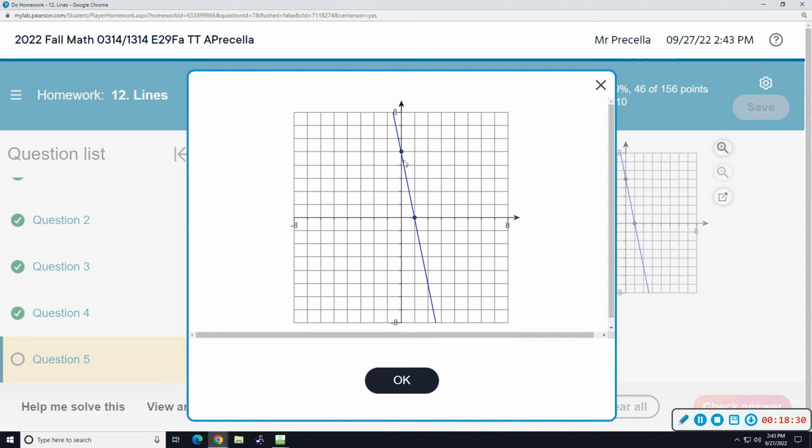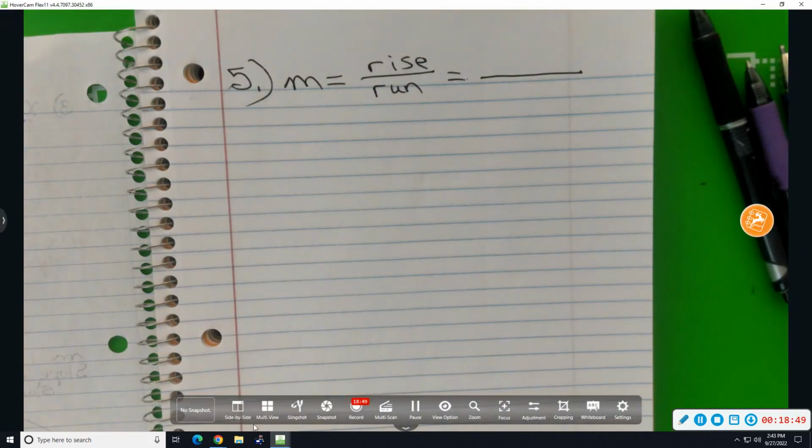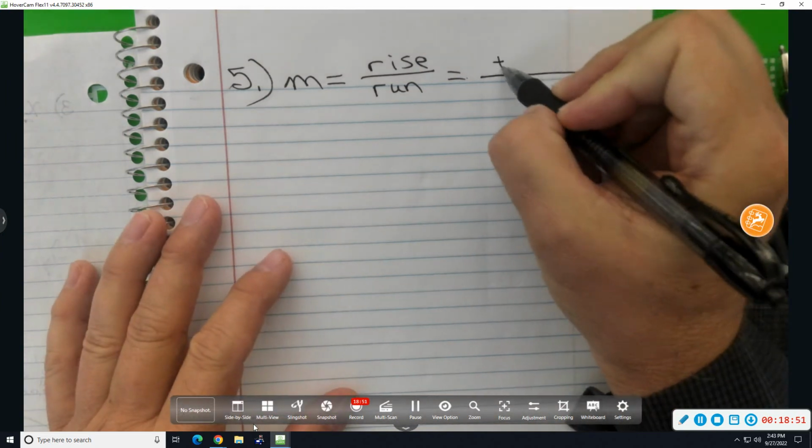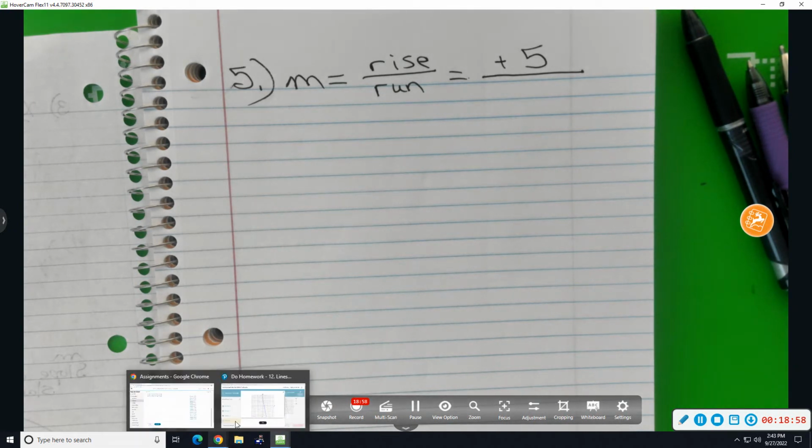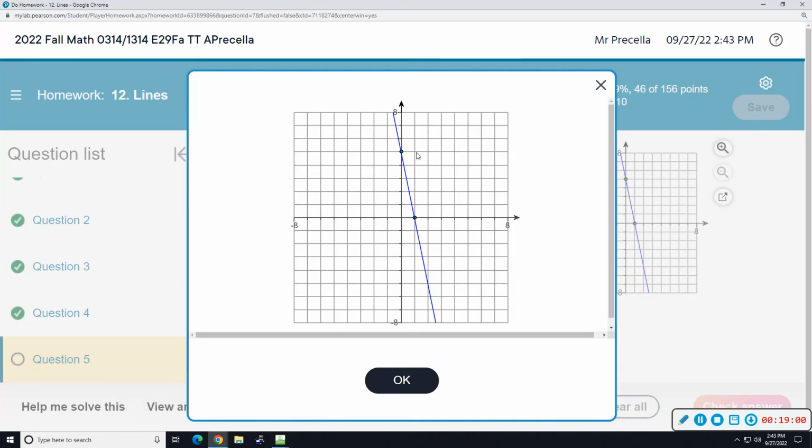Notice, to get to the upper point, I would have to go up 5 units. 1, 2, 3, 4, 5. I'm moving up, that's in the positive direction, 5 units. So I would say that my rise is a positive 5.